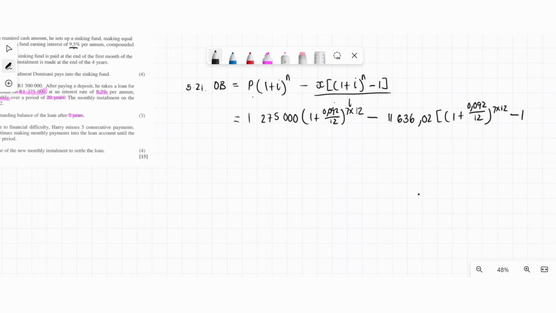Then this whole thing is going to be divided by what? Divided by 0.092 divided by 12. Punch this into the calculator and your answer is going to be what? Is going to be this amount. This is going to be the outstanding balance. So this will be the outstanding balance.